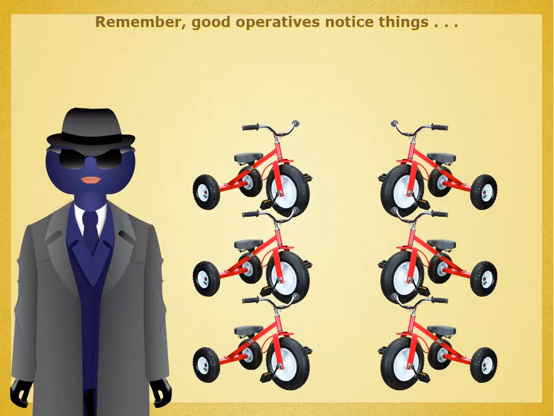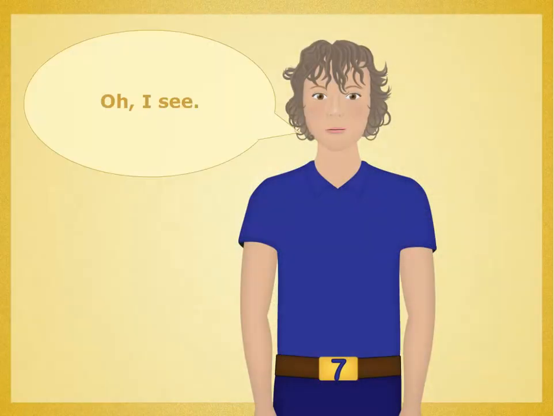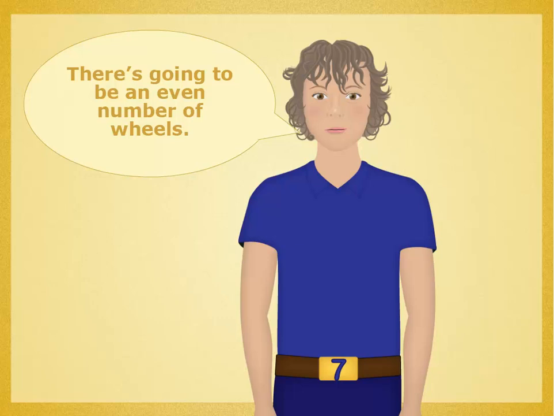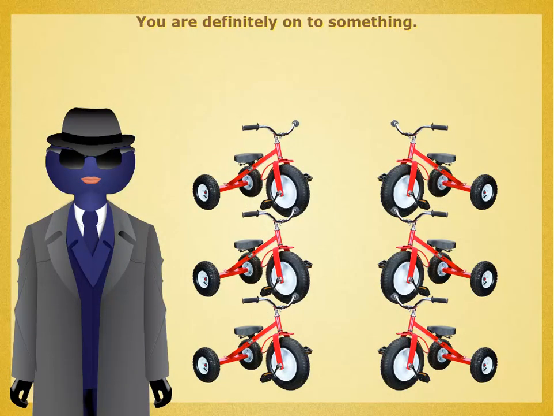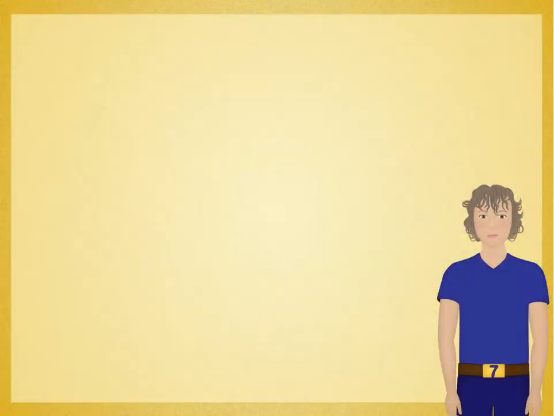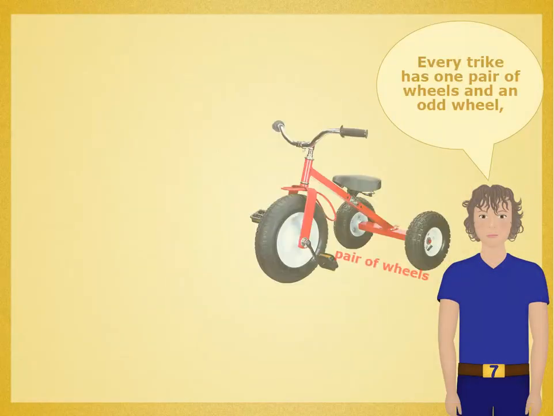Remember, good operatives notice things. They are quick to spot patterns, right? Oh, I see. There's going to be an even number of wheels. You're definitely onto something. Can you explain to your fellow recruits here? I'll try. Every trike has one pair of wheels and an odd wheel.